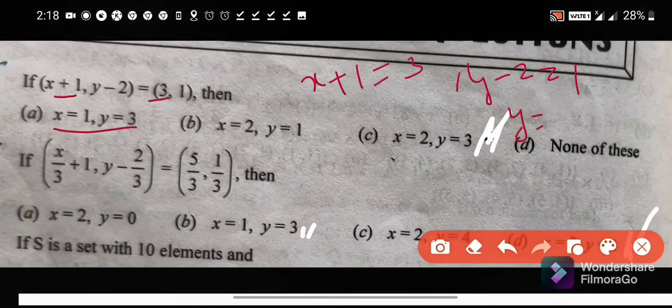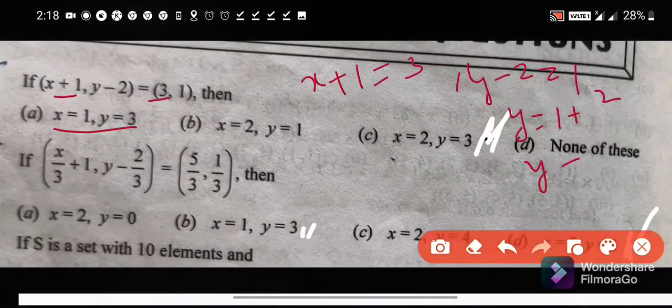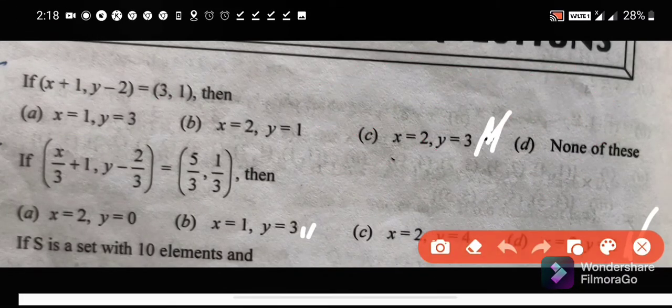Now y is equal to 1 plus 2, that is 3, and x is equal to 3 minus 1, that is 2. So x is equal to 2 and y is equal to 3. So answer is C option. Next question is also similar to the first. So you try this question by yourself for practice.